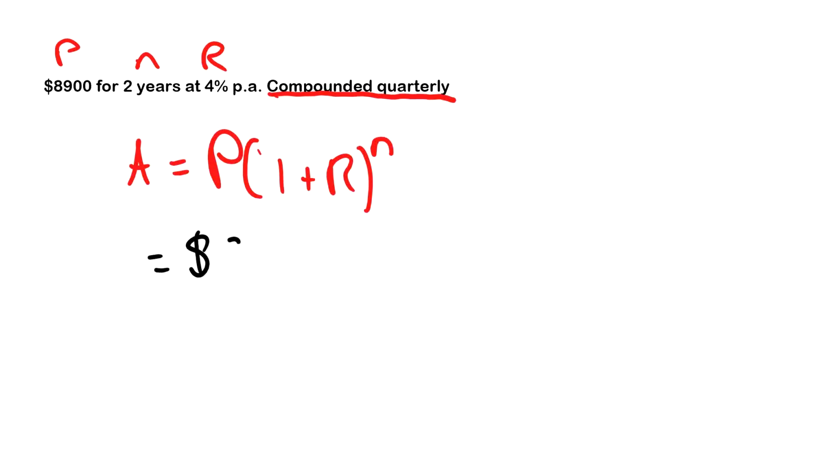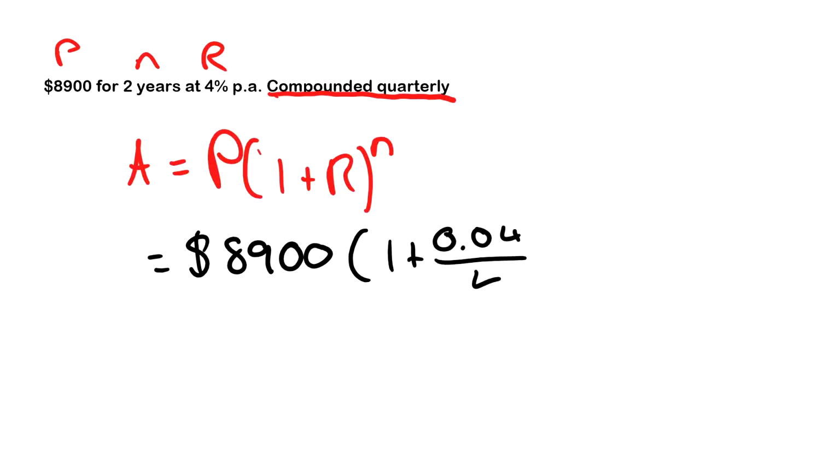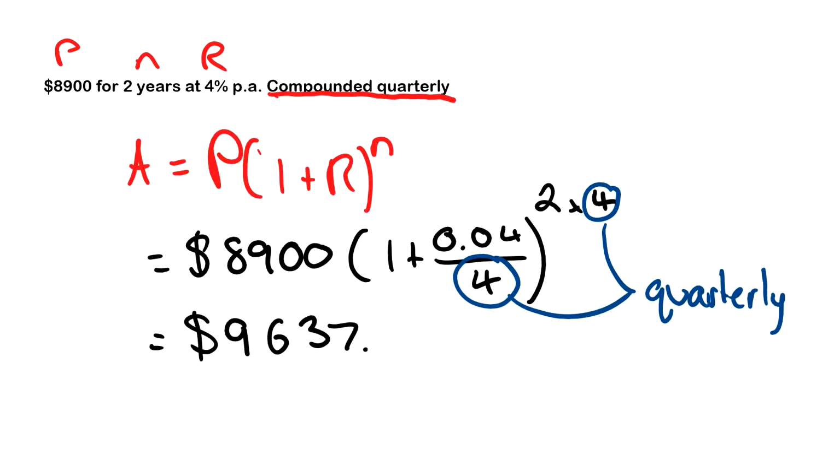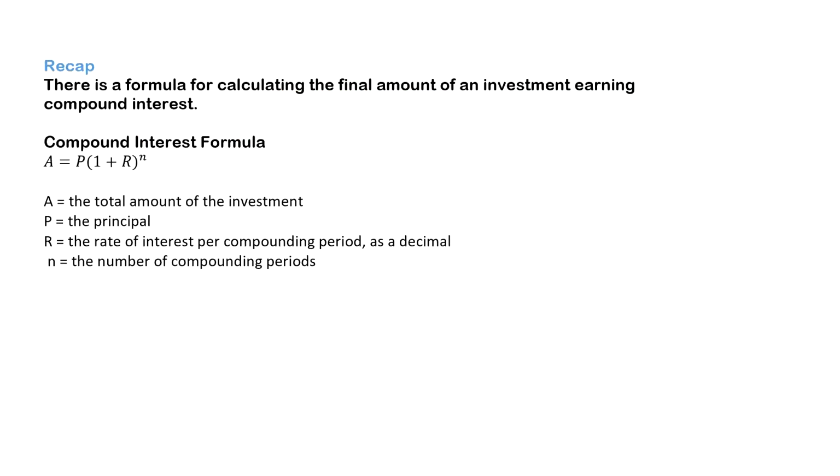So we get 8,900, 1 plus 0.04 over 4, and 2 times 4, because this and this mean that it's quarterly. Once you get that, you can put it straight into a calculator, and we get 9,637.42.